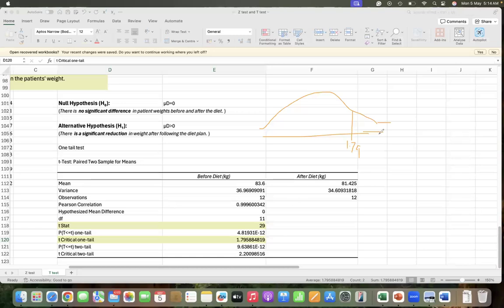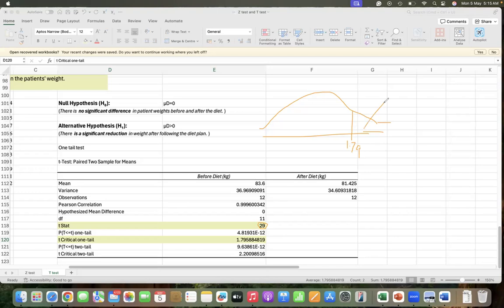So our critical value is 1.79 since it's a one tail test, and the calculated value is 29. So it is way beyond this point. So it is in the rejection region. Rejection region says we reject the null hypothesis.